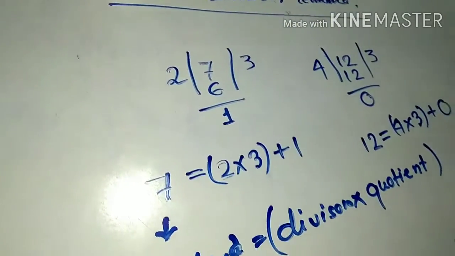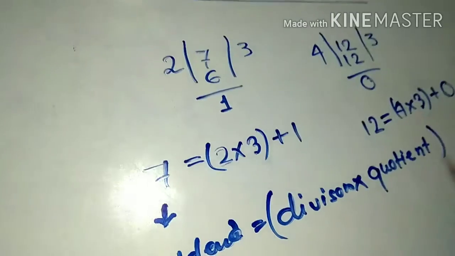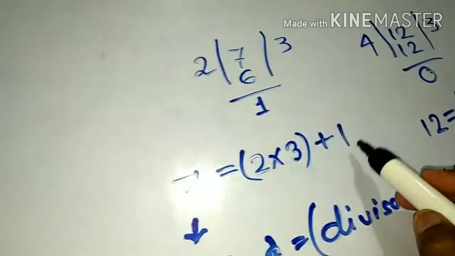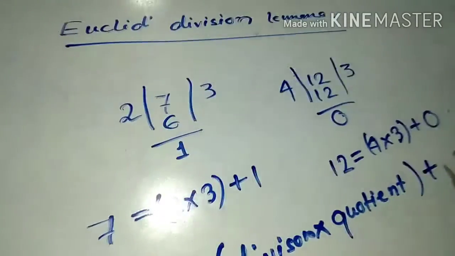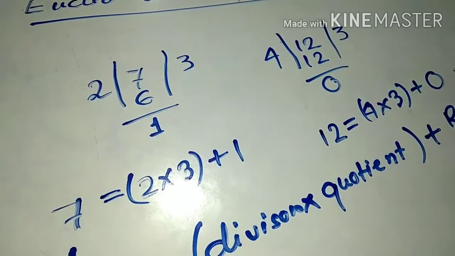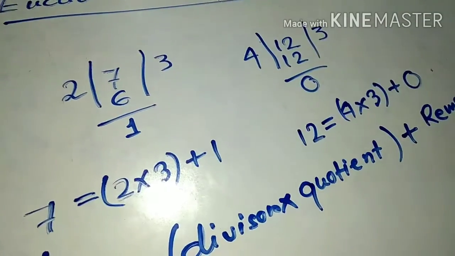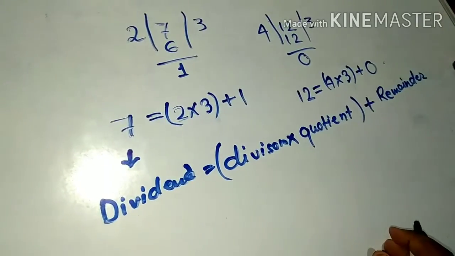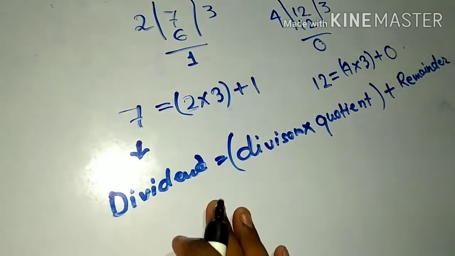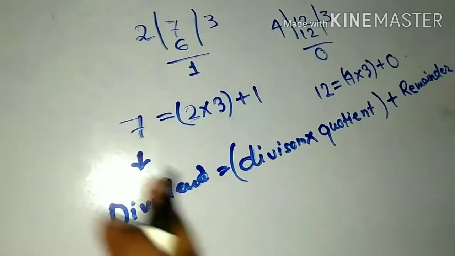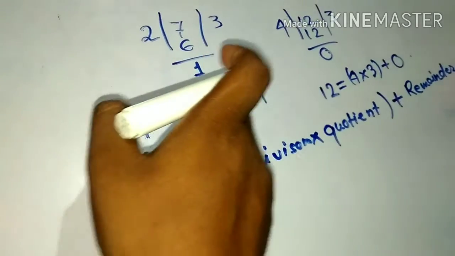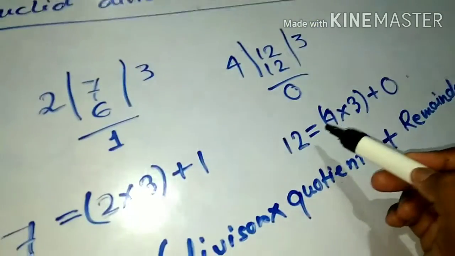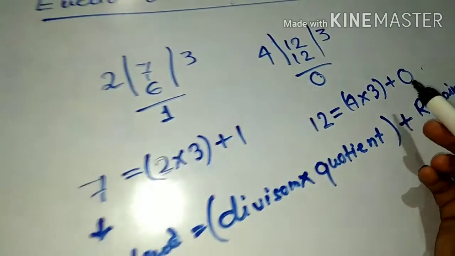Let me write this within the bracket, and next plus, this 1 is your remainder. So I have written 7 is equal to 2 into 3 plus 1, or 12 equal to 4 into 3 plus 0.